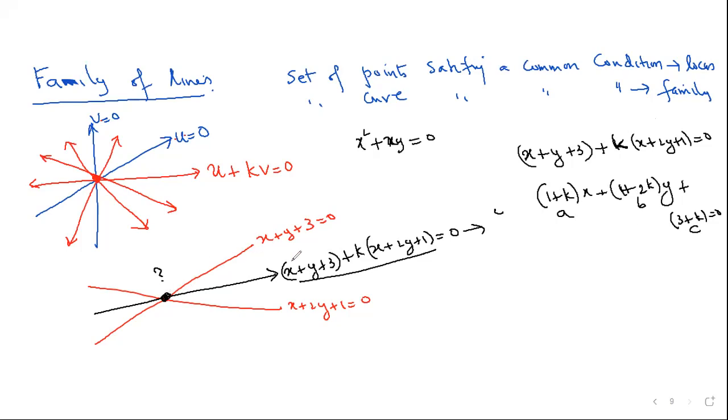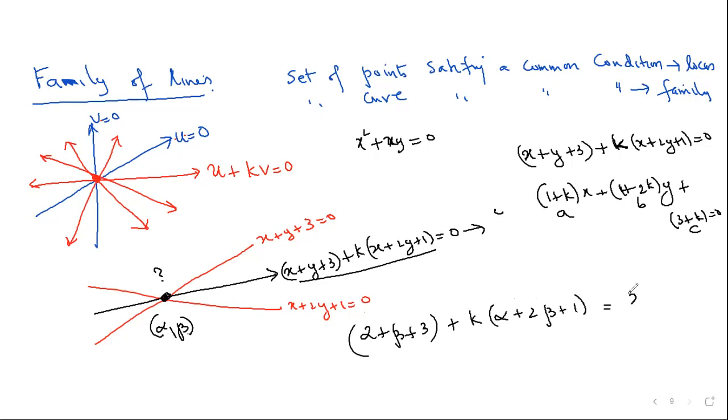When will it pass through this point? If this point satisfies this equation, if I substitute this point in this equation, I should get the answer 0. Imagine this point is alpha comma beta. If I replace alpha comma beta in this, what will happen? Alpha plus beta plus 3 plus k into alpha plus 2 beta plus 1.